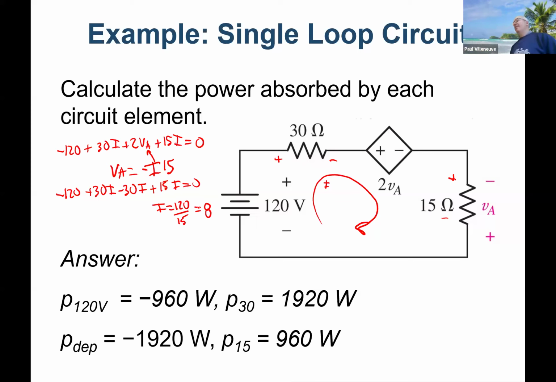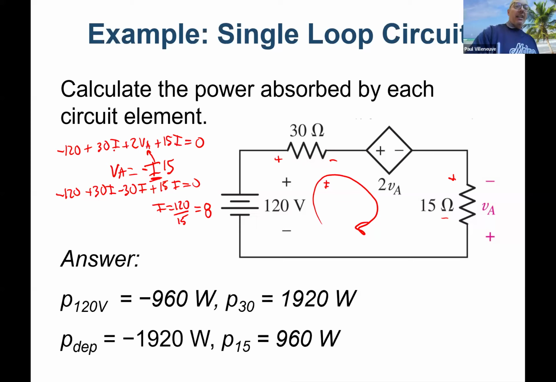So here's the thing about dependent sources. Sometimes they can be scary, right? You always have to write one more equation when you have dependent sources. Have to write one additional equation, but here's the key. It's going to be based on the variables that you already have developed. Like he said, VA was equal to a multiple of I, right?